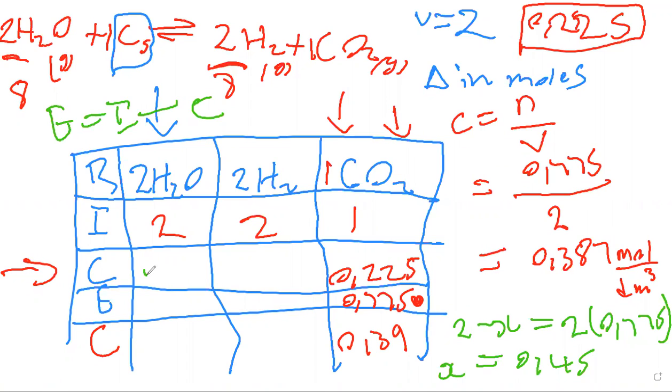So 0.455. The difference of the two, we have 1.55. Now n is equal to c over V, so c is equal to n over V. V is equal to 2.